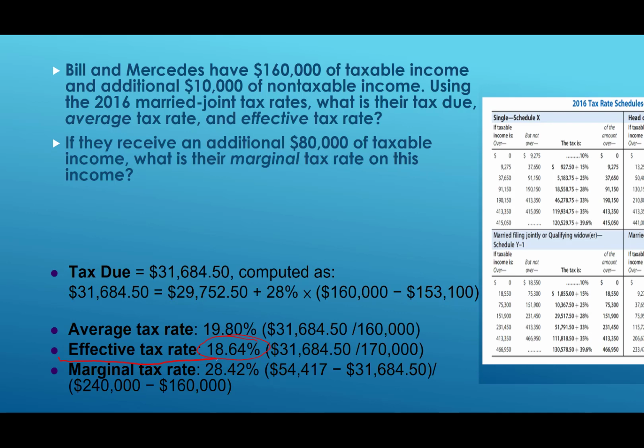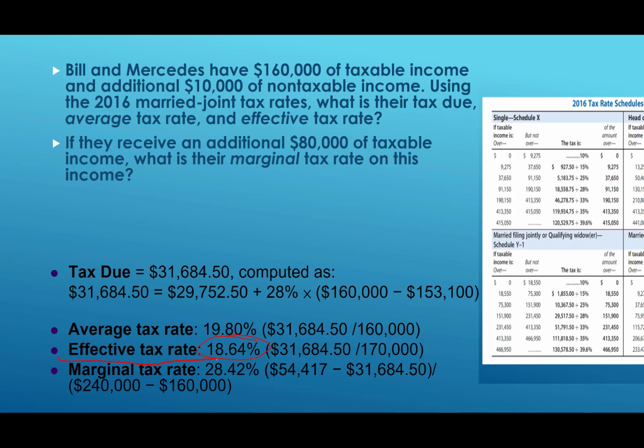54,417. And that 54,417 came up because now their income is at what? Sitting here at 240. So they're in this range now, and so they need to pay what? The 51,791. What am I looking at? The 2016 schedule again. But on the 2017 schedule, they have to pay an additional tax of the difference between 54,417 and the 31,684.